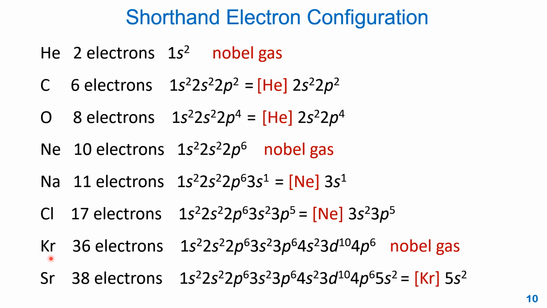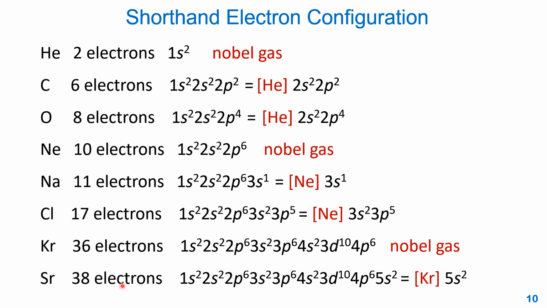Same thing, krypton. There are 36 electrons. That is the electron configuration of krypton. And strontium, the electron configuration, if you write all of them, complete is like here. But actually you can see the core electrons can be replaced by krypton.